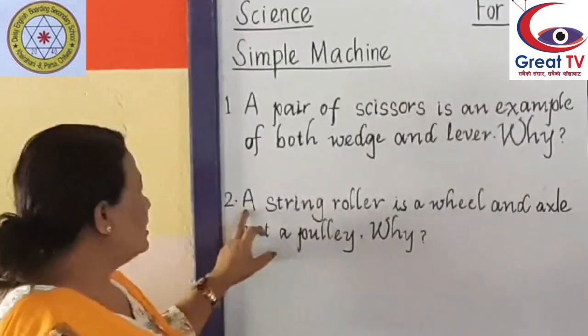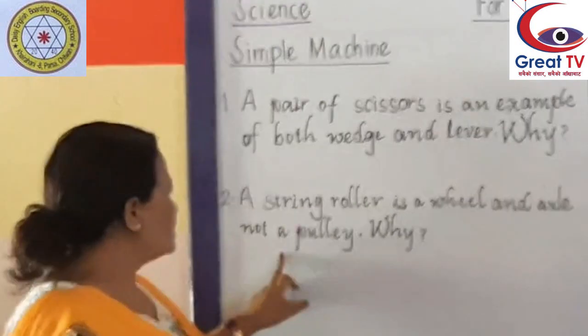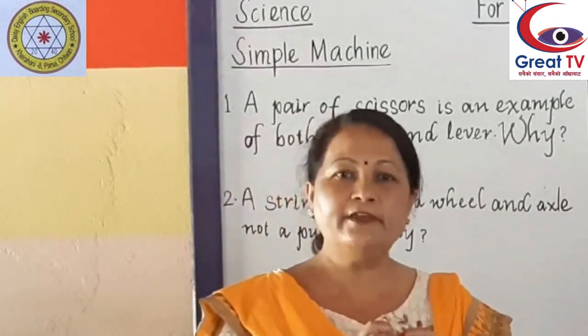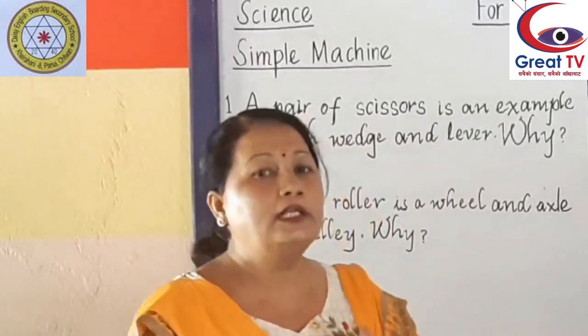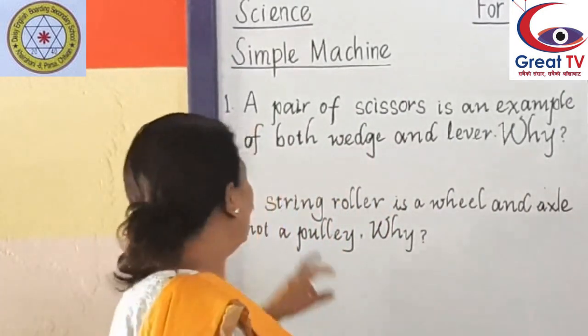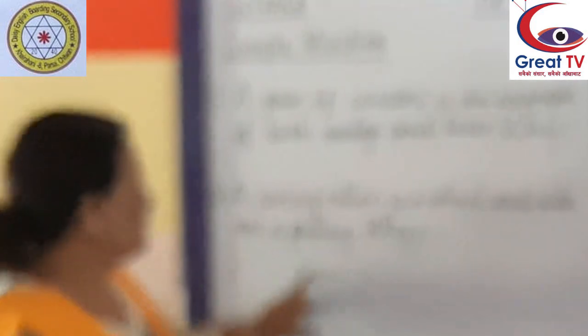Another question, a string roller is a wheel and axle, not a pulley. Why? Wheel and axle are attached rigidly with each other, but pulley is not attached with axle, so a string roller is a wheel and axle, not a pulley.